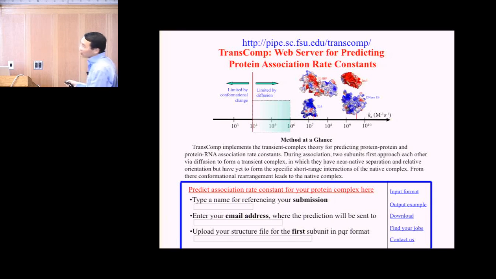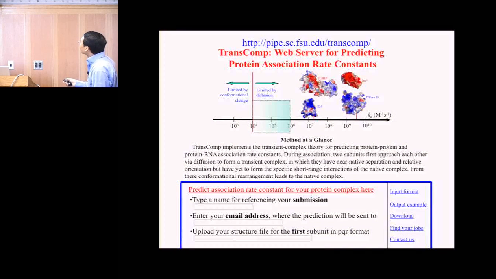You can enter your protein structure and then get the rate constant. I know Barrett's group has actually used this method quite a bit. We've had this web server up for about 1.5 years, and we have a significant number of submissions. So if you're interested in testing this out, this is the URL for doing that.